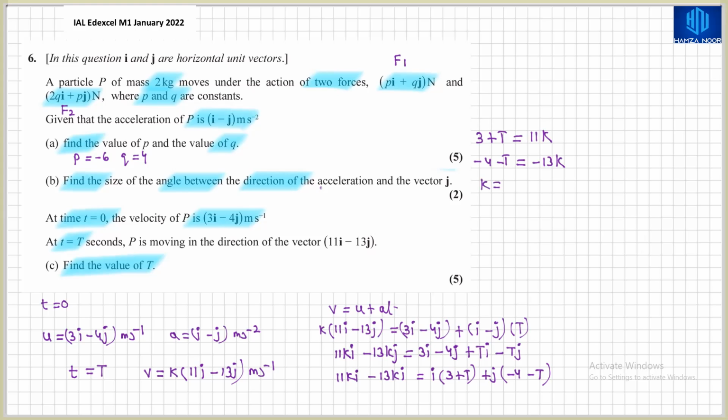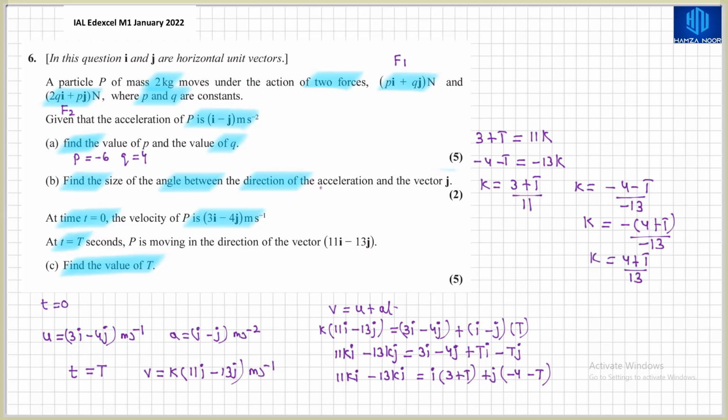So k is equal to (3 plus T) divided by 11, and k is equal to (minus 4 minus T) divided by minus 13. Taking the minus sign as common, k is equal to minus (4 plus T) divided by minus 13. Therefore k is equal to (4 plus T) over 13.